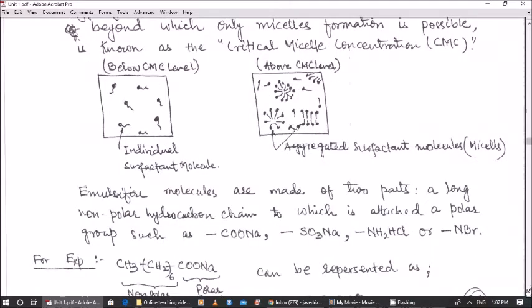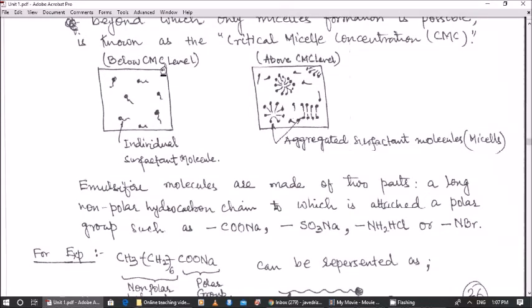In this figure you can see that below the CMC or critical micelle concentration level, the surfactant molecules are separated and individual. They are dispersed throughout the aqueous medium.